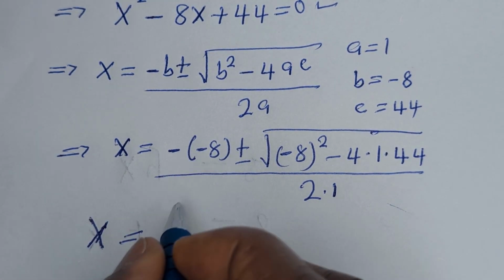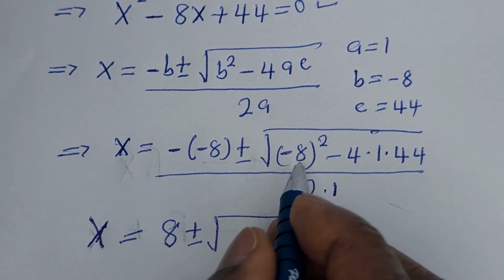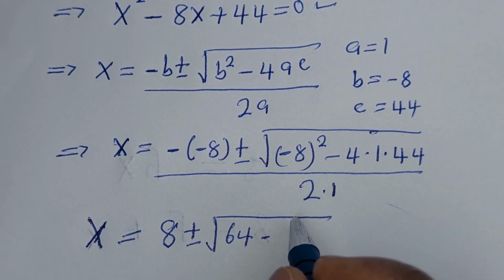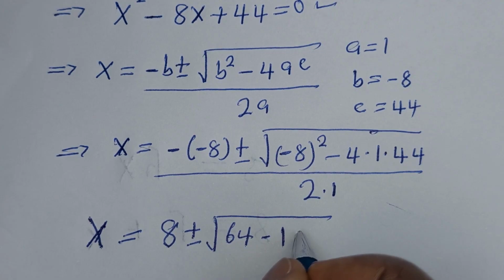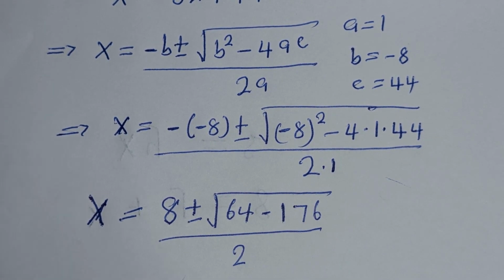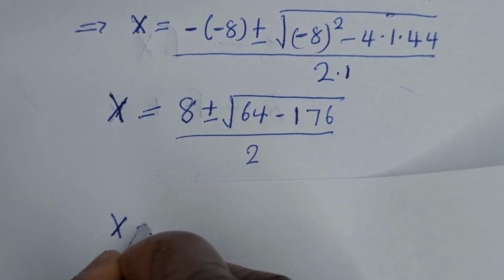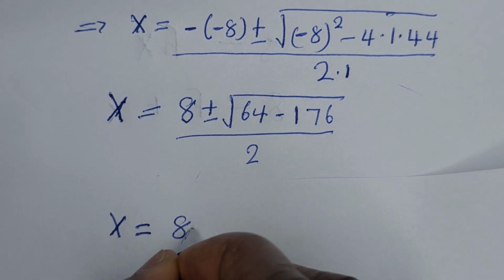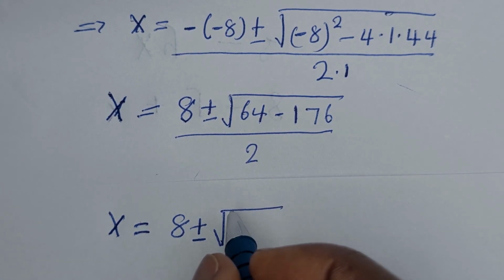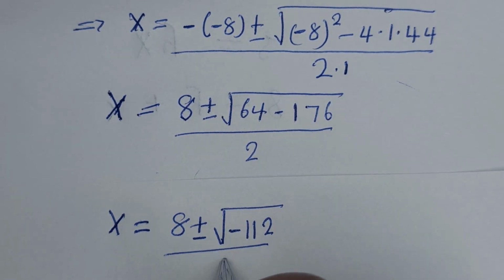s is equal to minus times minus 8, this is 8, plus or minus square root of minus 8 squared, that is 64, minus 4 multiplied by 1 multiplied by 44, that is 176, over 2 multiplied by 1, 2. s is equal to 8 plus or minus square root of 64 minus 176, that is minus 112, over 2.